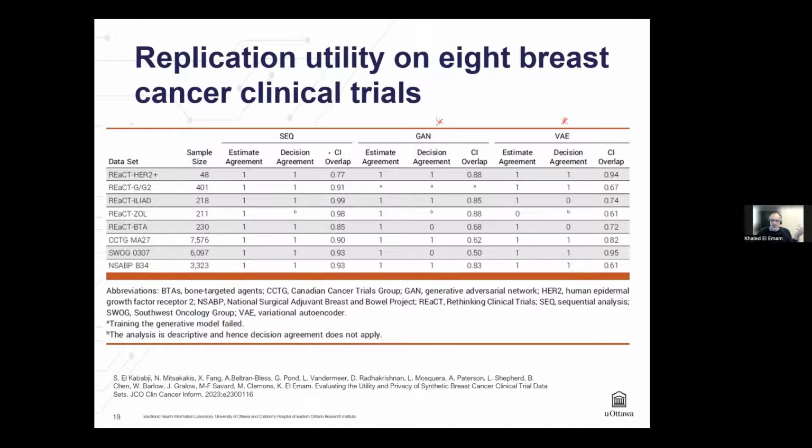Estimate agreement is whether the parameter estimate on the synthetic data is within the 95% confidence interval of the real data. Decision agreement is whether the direction and statistical significance of the synthetic data is the same as the real data, and then confidence interval overlap, which we saw before.